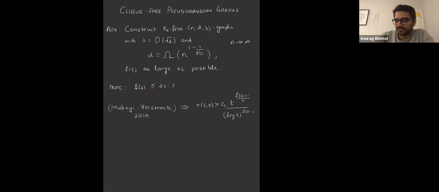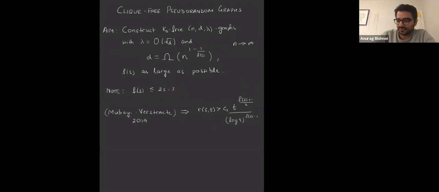We showed this result of Mubayi and Verstraete from two years back, which says that if you can give such a construction, then you get a lower bound on the Ramsey number R(s, t). The main thing to note is that the exponent of t is (f of s plus 1) divided by 2. So if f of s was 2s minus 3, this would be the correct power of t because of the matching upper bound. That's the goal, but of course we are far away from reaching it.